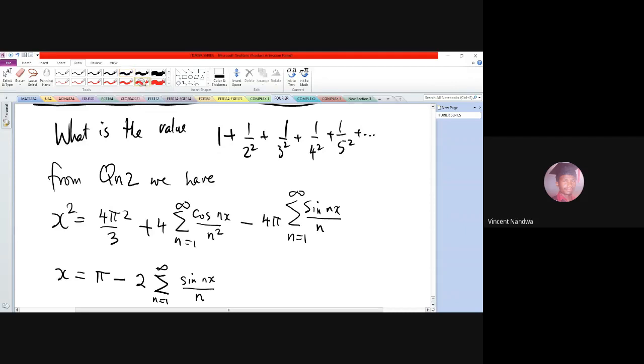So let's call this one question 1, and let's call this one question 2. So equation 1 is the solution for question 2. For question 2, this is the solution for question 3.